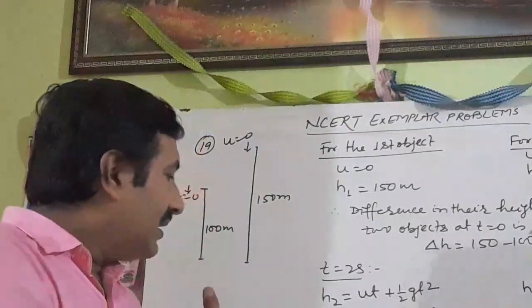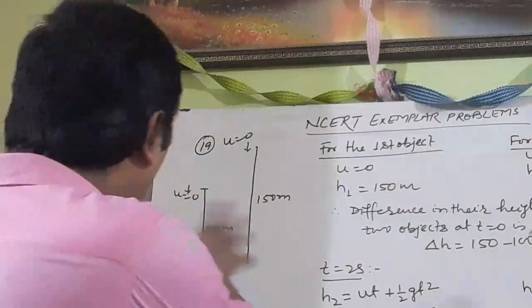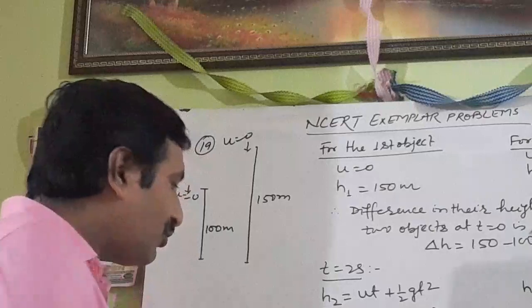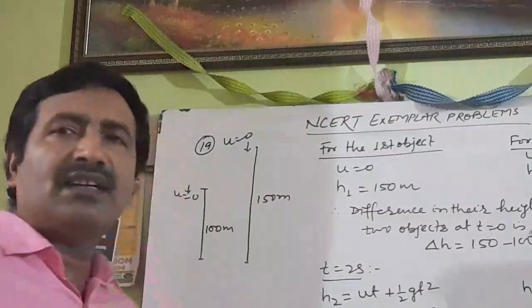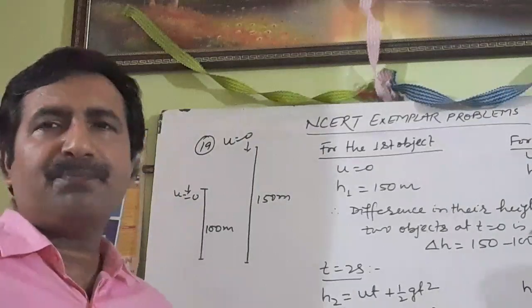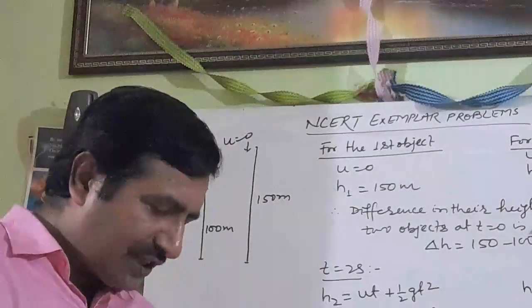Okay? And the positions of the two objects after 2 seconds are also shown. One is at 130 meter from the ground and the other is at 80 meter from the ground. So this is the solution for question number 19.